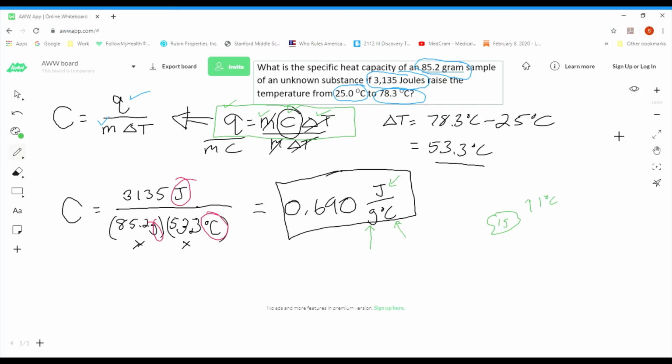The question is, how many joules does it take? That's what you're finding here. The bigger the C, the harder it is to increase the temperature, because it takes more joules.